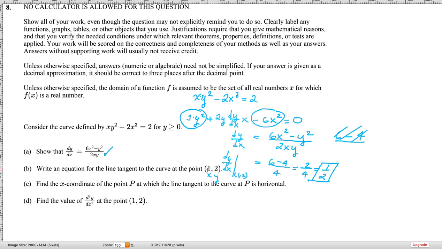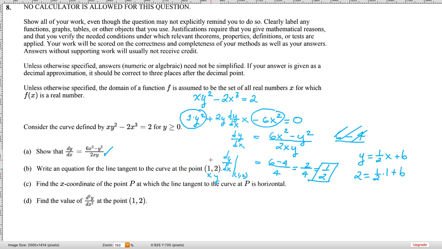And I have a point. It's up to you how you do this. I'll write y equals 1/2 x plus b, where b we don't know yet. But you could use the fact that this is a point on your line. 1/2 times 1 plus b. Right?